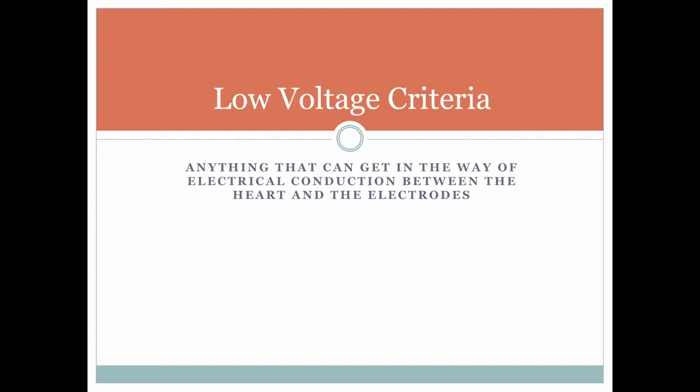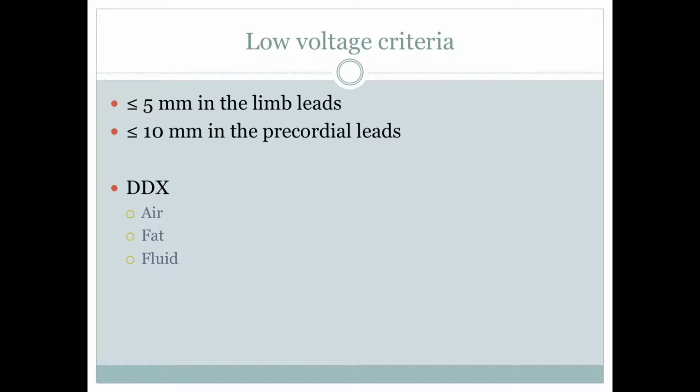So the criteria for low voltage is anything less than 5 millimeters in the limb leads. So if you don't see tall R waves or deep S waves, that leads to criteria as long as it's within that 5 millimeters in the limb leads. And then if you're looking at the precordial leads, anything that's less than 10 millimeters.